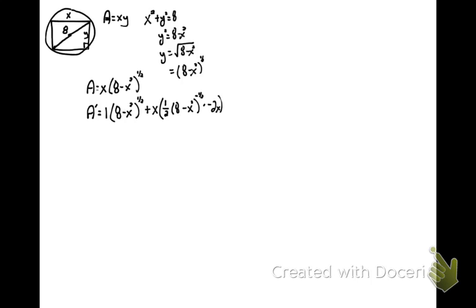And when I clean up my derivative, I end up with 8 minus x squared to the 1/2 minus x squared over 8 minus x squared to the 1/2.